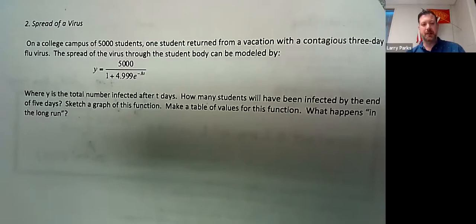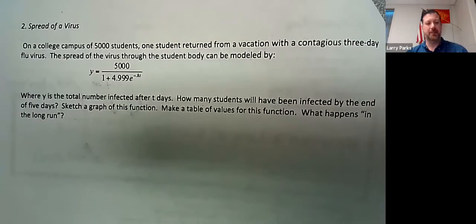On a college campus of 5,000 students, one student returned from a vacation with the contagious 3-day flu virus. The spread of the virus through the student body can be modeled by the given equation, where Y is the total number of infected after T days. How many students will have been infected by the end of 5 days?